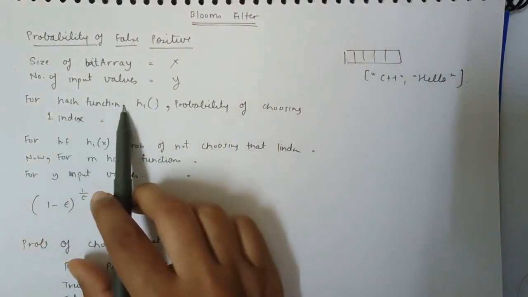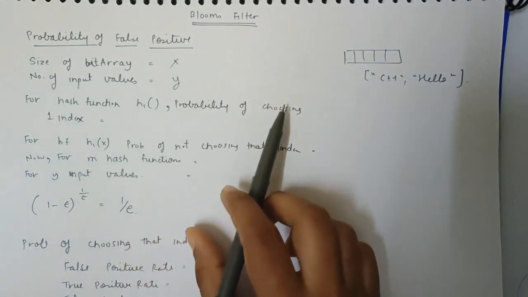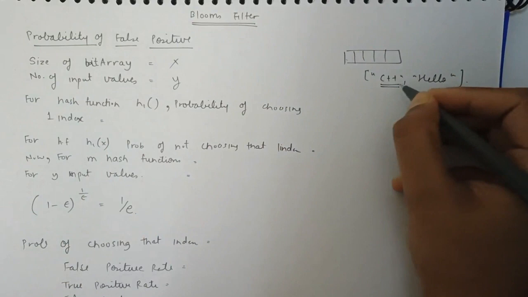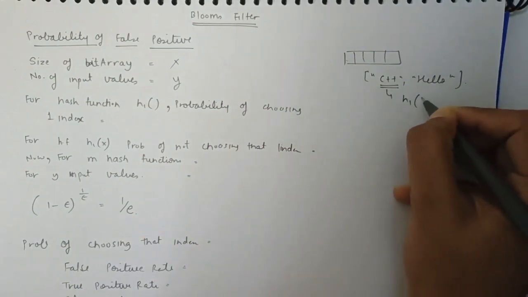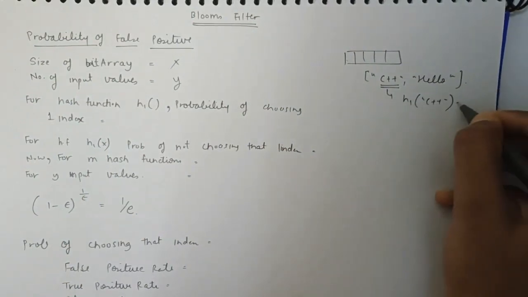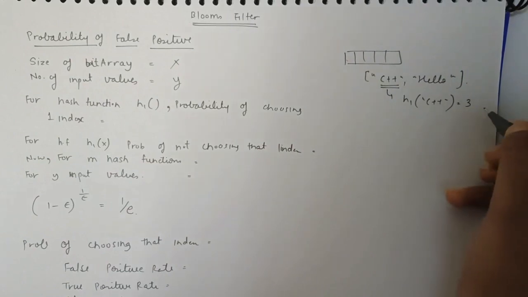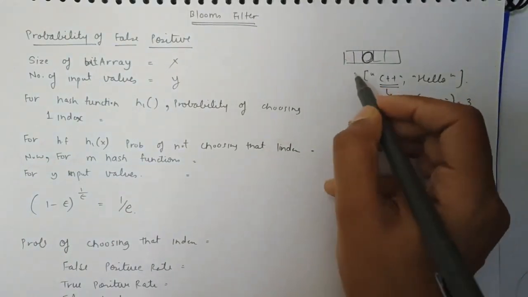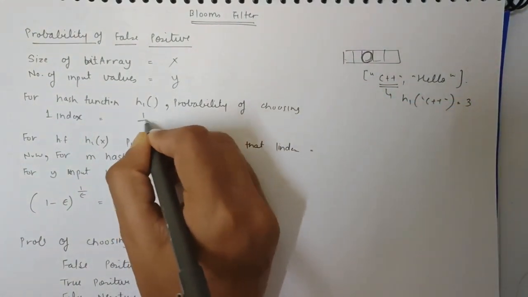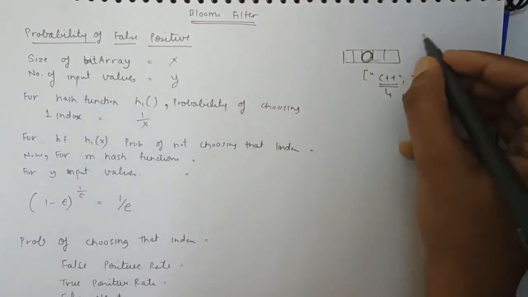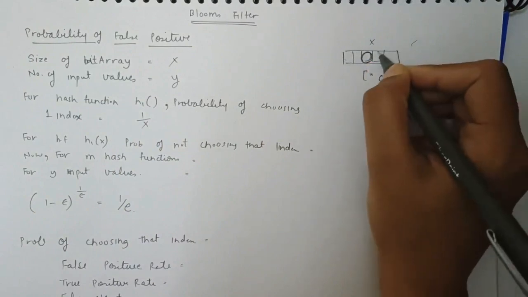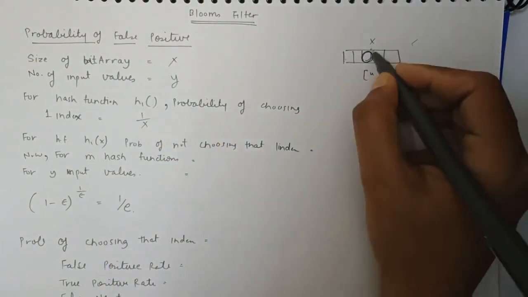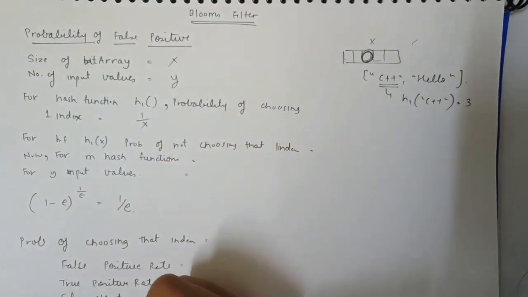Now for the hash function h1, what is the probability of choosing any index? For example, for value C++, h1 of C++ is, for example, 3. What is the probability of choosing this index? That would be 1 by x, because the bit array has length x.